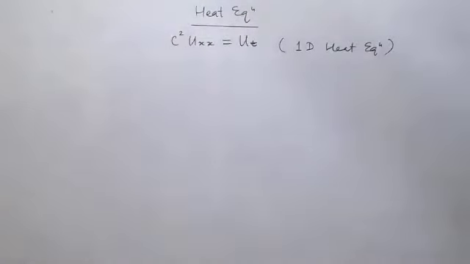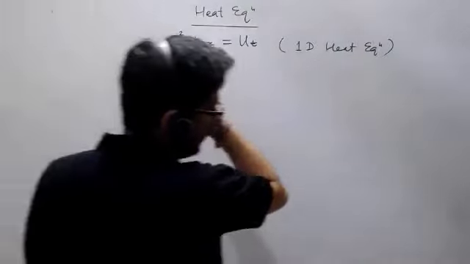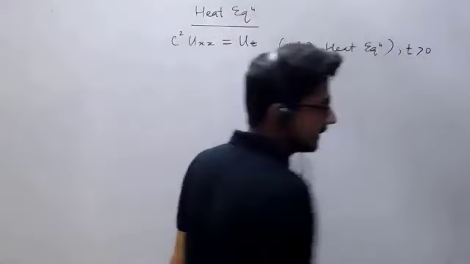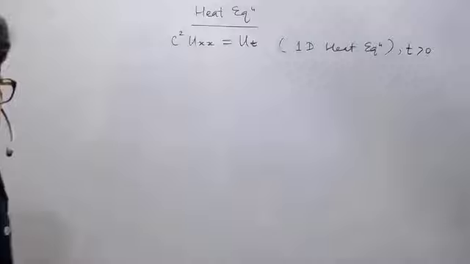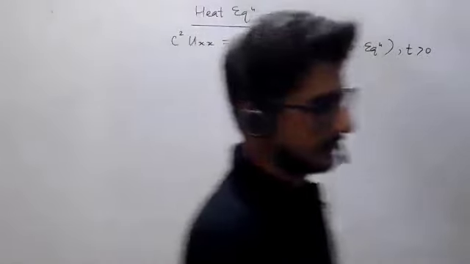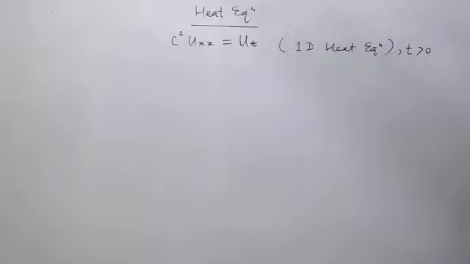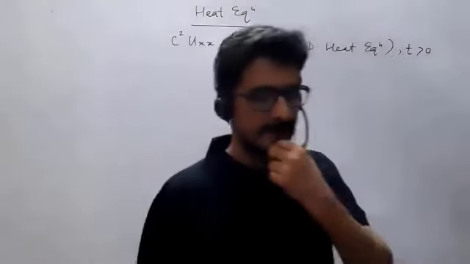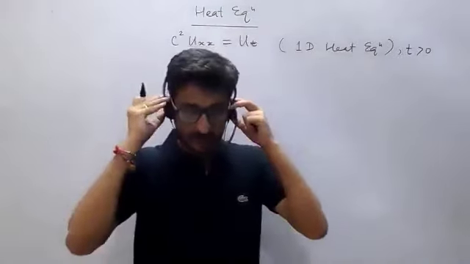So c square Uxx is equal to Ut is the heat equation that we want to solve, and it is very obvious that the value of t will be greater than 0. Okay, so let us try to solve it. You already know the technique.